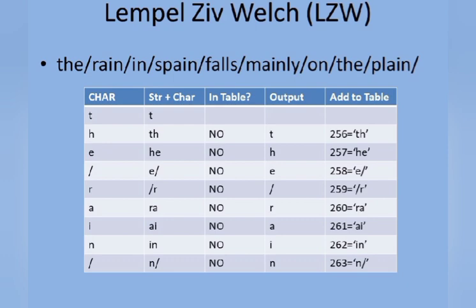After r, we will read a, and our string will become ra. Again, this entry is not in the table. We will output r, and ra will be added to the table at position 260. This process will continue.